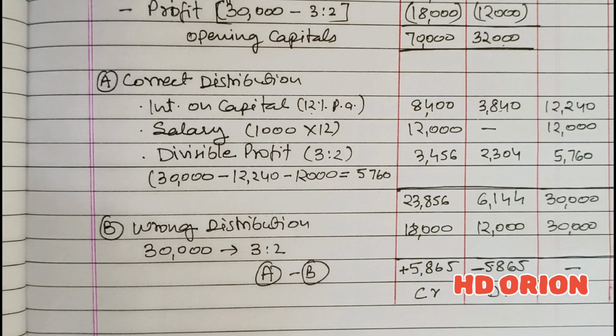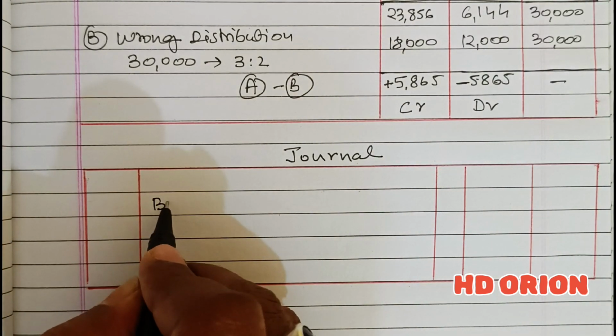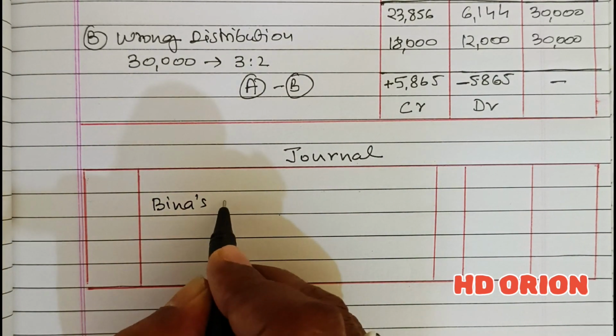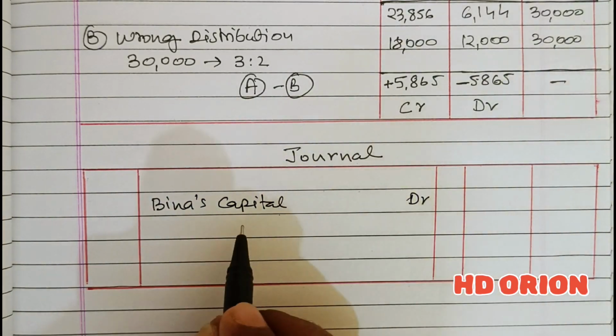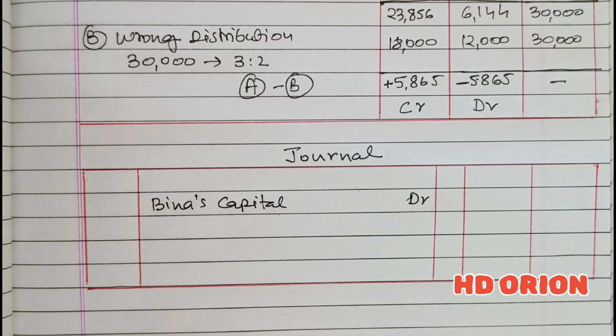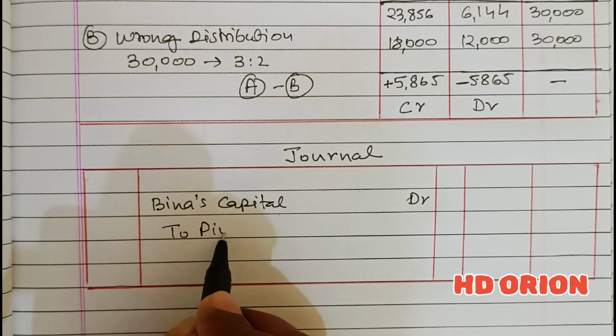Now let us pass the journal entry for this. So Bina's capital account debited, because the capital account is fluctuating and therefore all the adjustments will be made through the capital account itself, not the current account. To Pia.